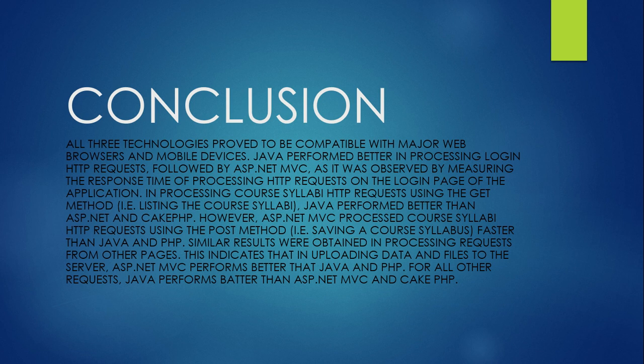Java performed better in processing login HTTP requests, followed by ASP.NET MVC, as observed by measuring the response time of processing HTTP requests and the login page of the application. In processing course syllabi HTTP requests using the GET method, that is listing the course syllabi, Java performed better than ASP.NET and CakePHP.